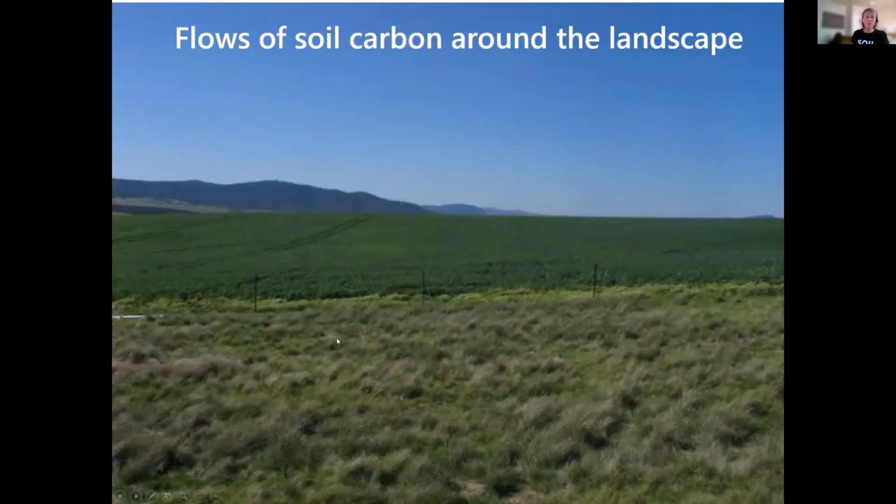So I want to talk about the flows of soil organic carbon around the landscape and how carbon actually accumulates in soil. To begin with, we have lots of carbon dioxide in our atmosphere, and plants, through the process of photosynthesis, take carbon dioxide from the atmosphere. They use water and energy from the sunlight to photosynthesize and grow.